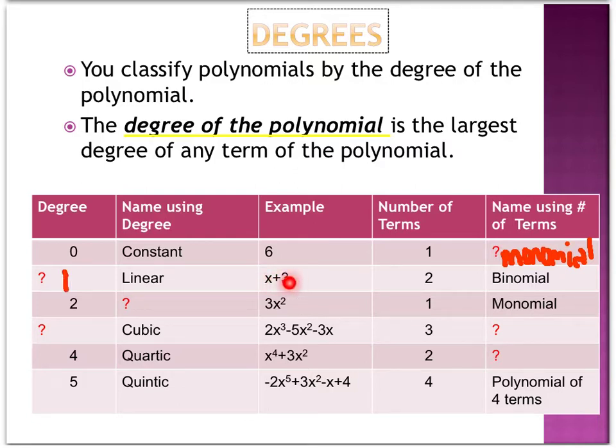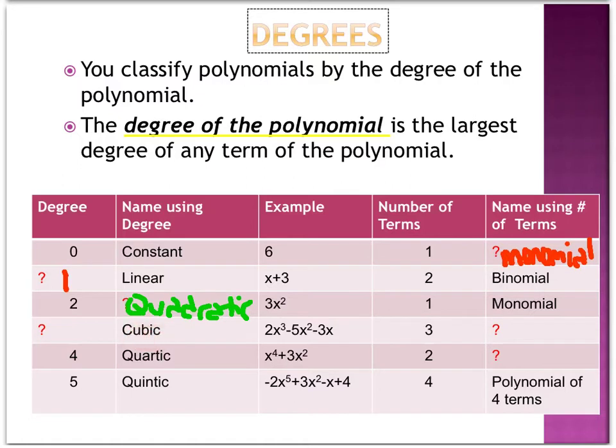Here, x plus 3, well, that has two terms, so it's a binomial. If the degree is 2, we call that a quadratic function. For example, 3x squared is just one term, so it's a monomial.